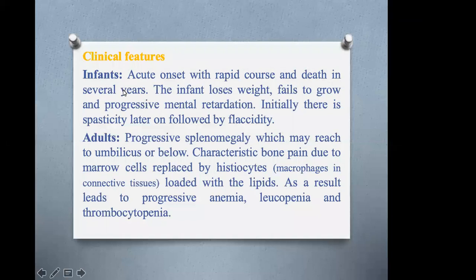It occurs in infants. It is basically a metabolic disorder with acute onset and a rapid course of death in several years. The infant loses weight, fails to grow, and has progressive mental retardation.